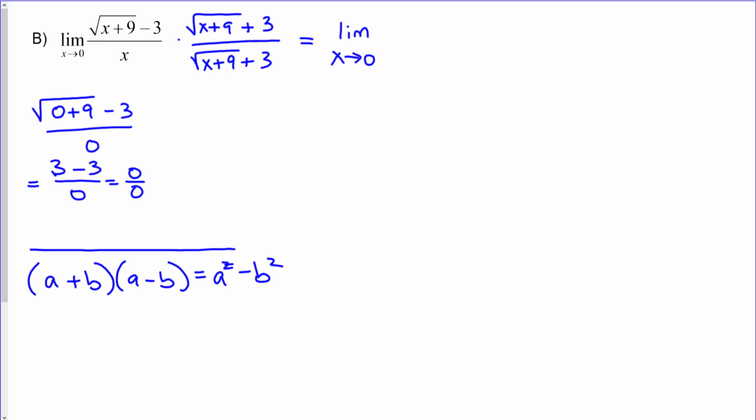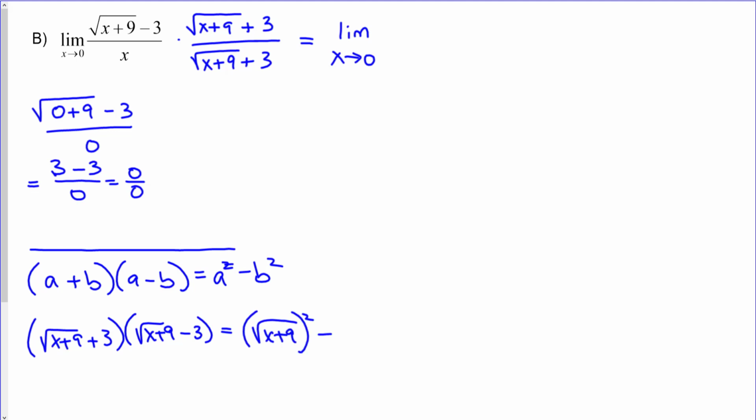So if a happens to be the square root of x plus 9, sorry about that, and b is 3, then you're still, when you FOIL this out, going to end up with a squared, which would be, in this case, the square root of x plus 9 squared, minus b squared, which would be 3 squared.